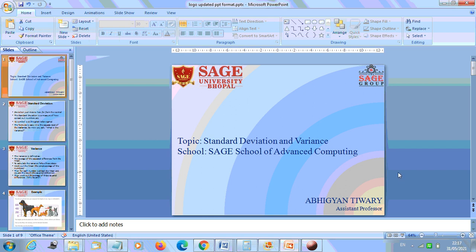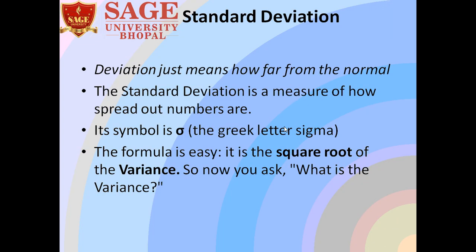So today we are going to see standard deviation and variance. Let's see the definition of standard deviation. Deviation just means how far from the normal. We have the normal values, and we want to see the distance from that normal value, that is, from the average value. So the standard deviation is a measure of how spread out numbers are.